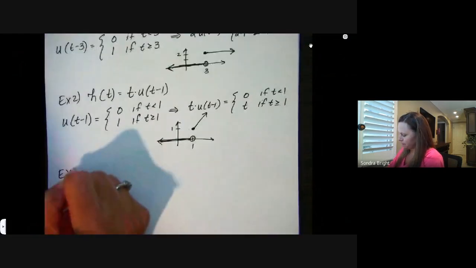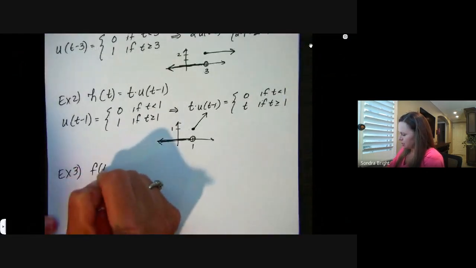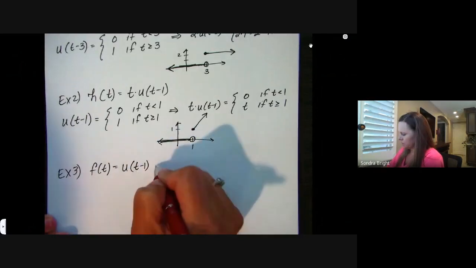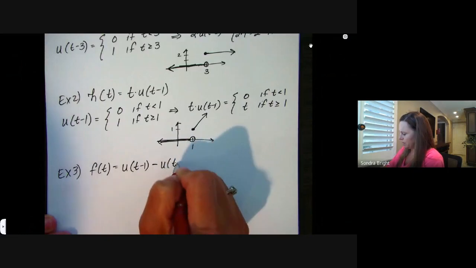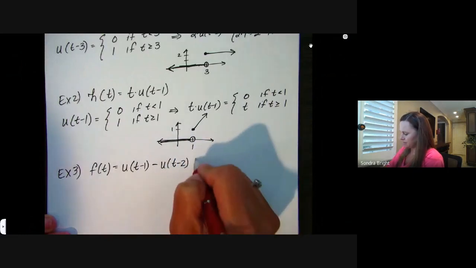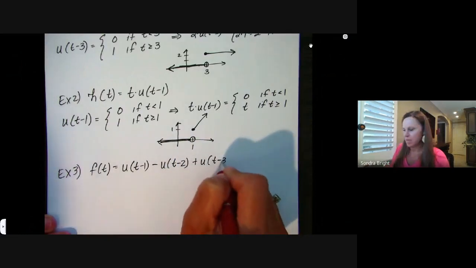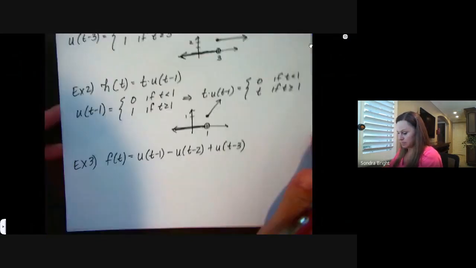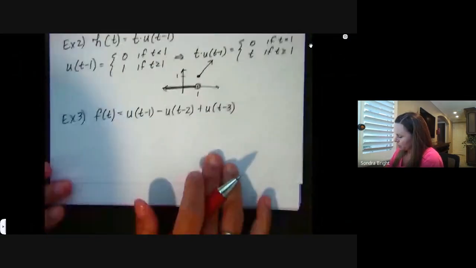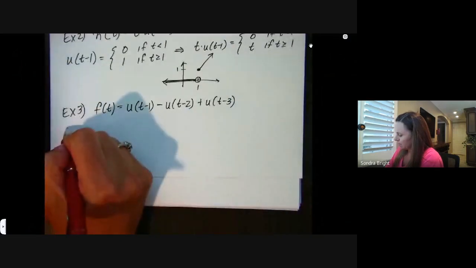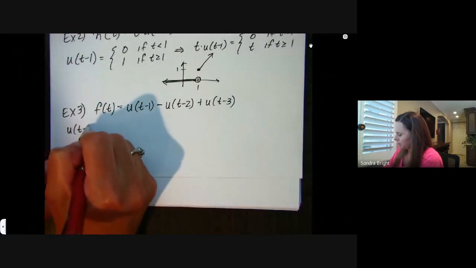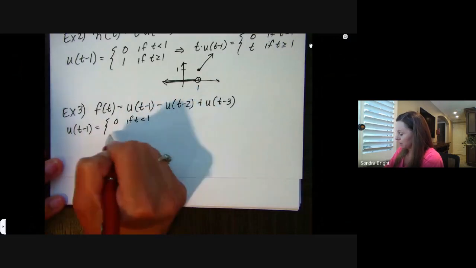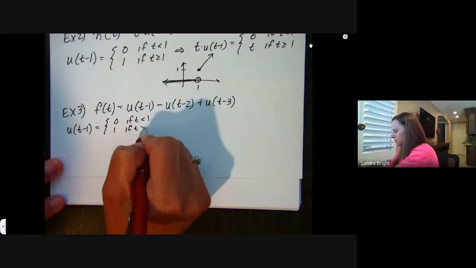What if f of t is u of t minus 1 minus u of t minus 2 plus u of t minus 3? All right, so what I'm going to do is break it down to each of these parts, right? So u of t minus 1 would be 0 if t is less than 1, and 1 if t is greater than or equal to 1.